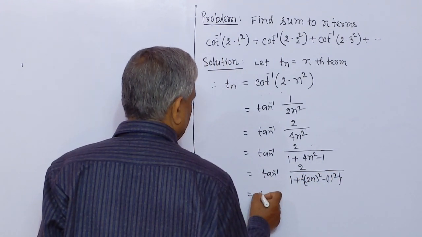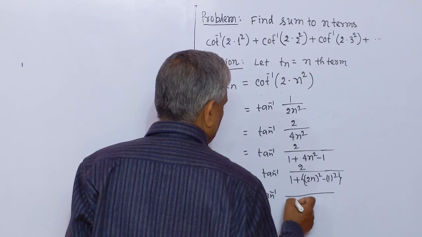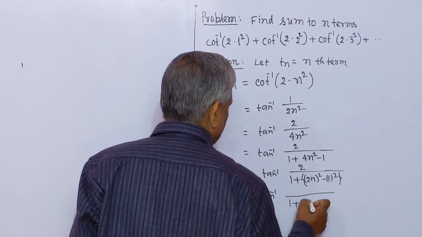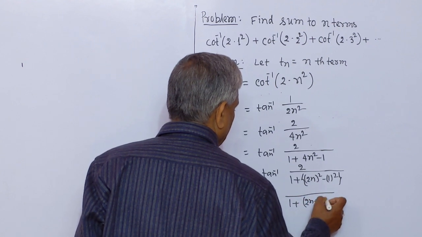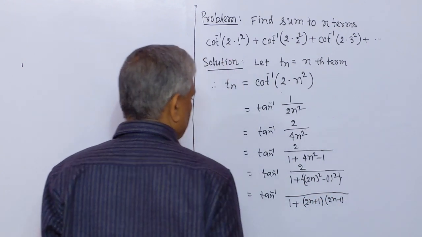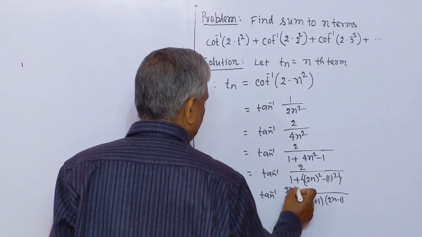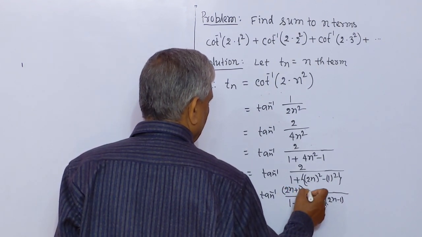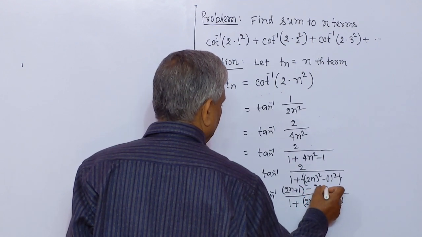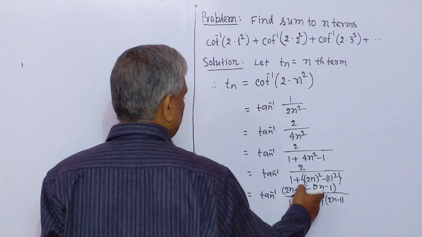This is equal to tan inverse here 1 plus 2n plus 1 into 2n minus 1. So here we may write 2n plus 1 minus 2n minus 1. Here 2n positive, here 2n negative.